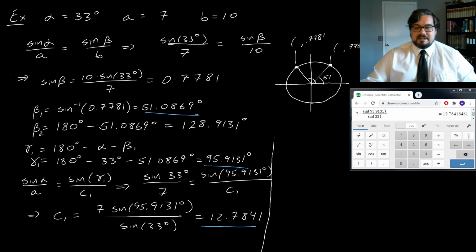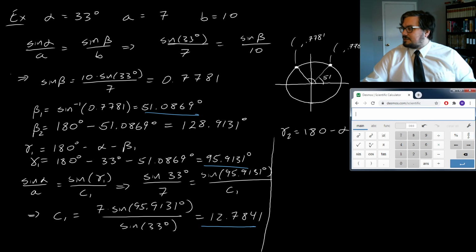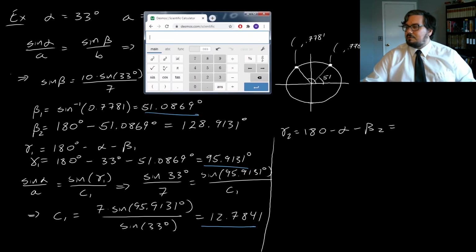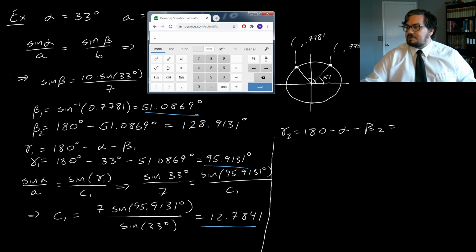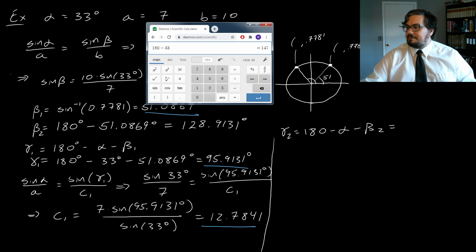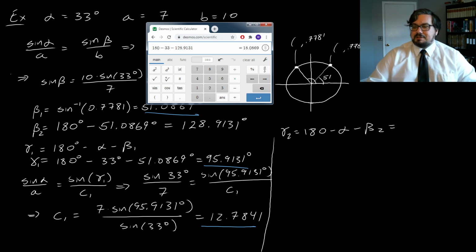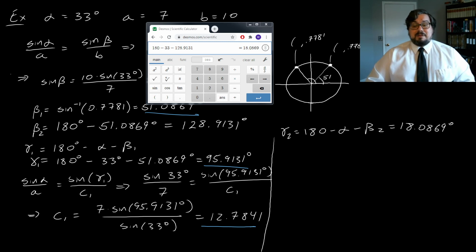So now let's consider the case where we have beta 2. So we have gamma 2 is equal to 180 minus alpha minus beta 2, which will give us 180 minus, and then alpha was 33, minus beta 2, we got 128.9131, and so we get that gamma 2 will be 18.0869 degrees. So we got a valid value for gamma 2.